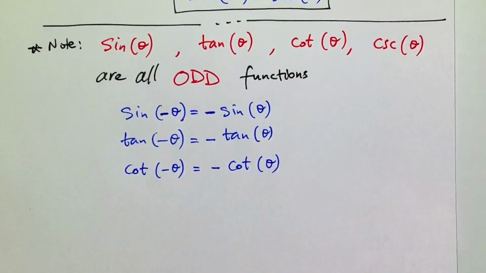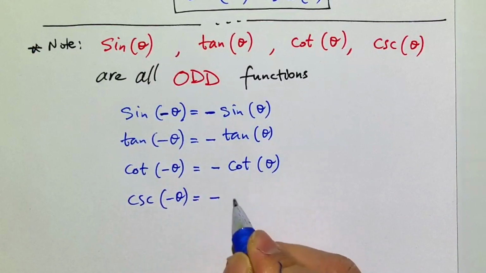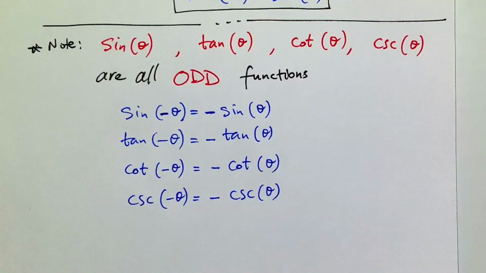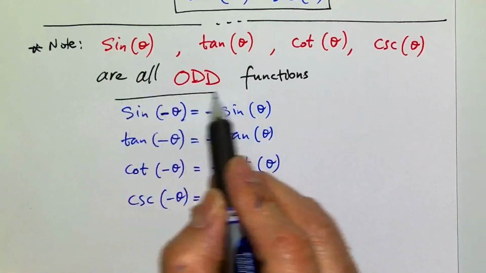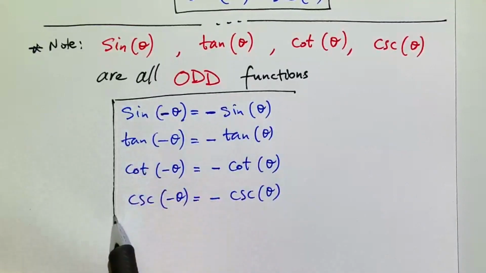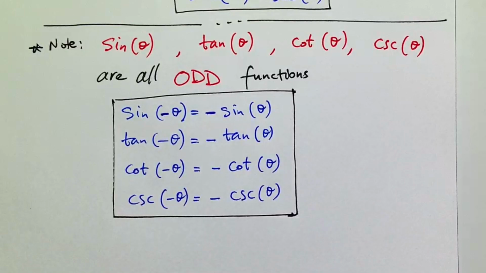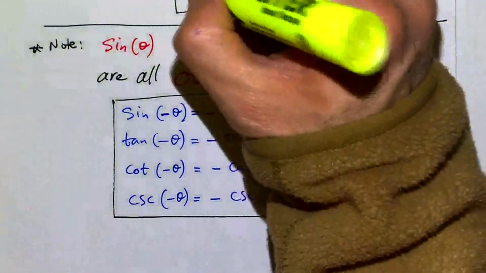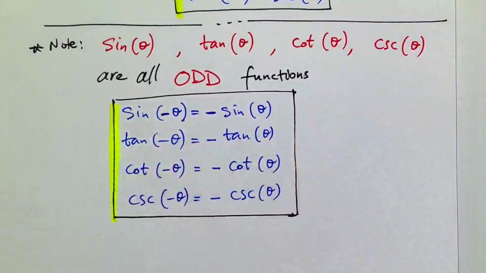And finally, of course, cosecant of negative theta is equal to minus cosecant of theta. Okay? I guess I can box all of these at once. Okay? These are very, very important to remember. So let me just emphasize here and then also here.